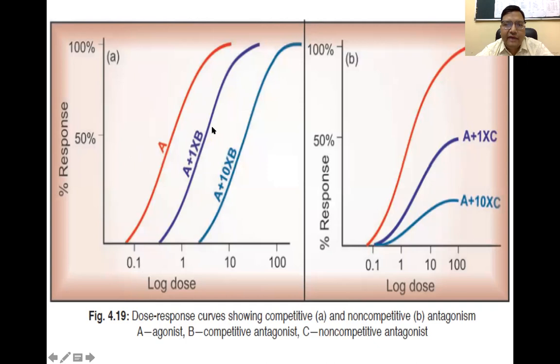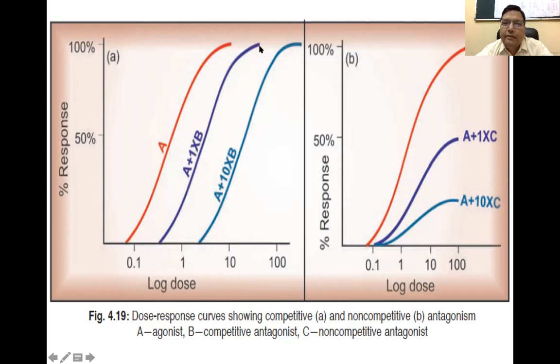When we see the graph, A is the log dose response curve for the agonist. When we are giving the competitive antagonist B in one times concentration, and we increase the dose of A, the graph will shift towards the right.